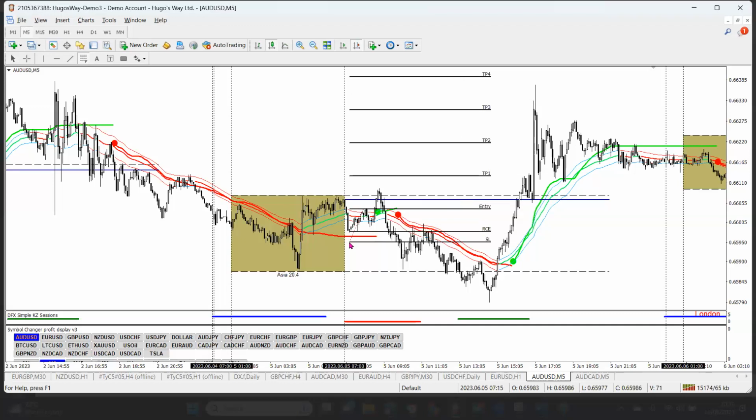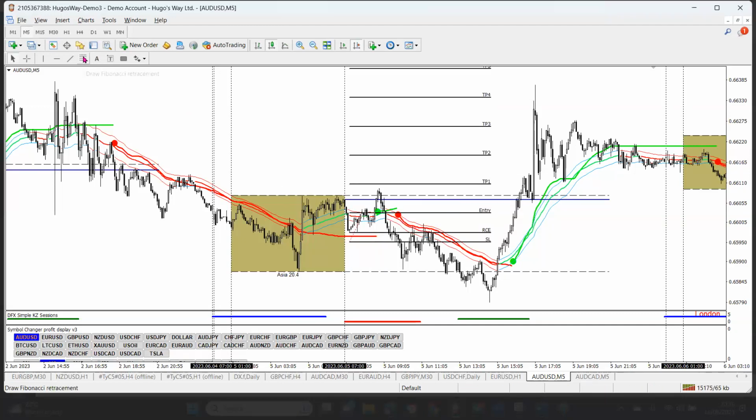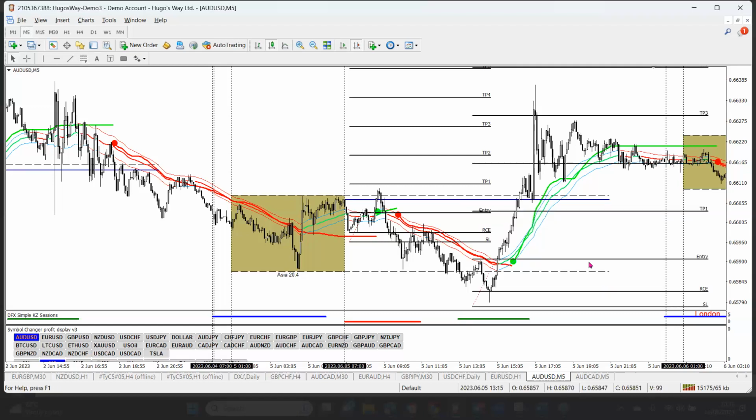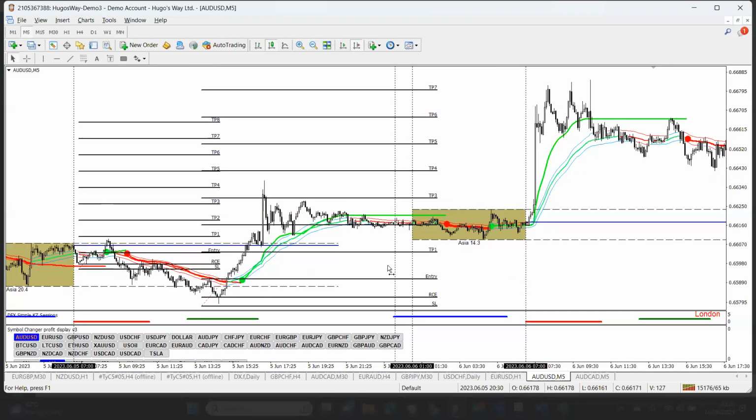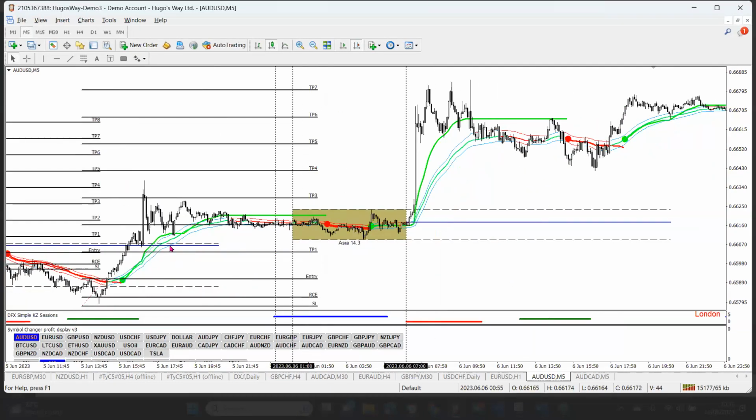Sorry about that. Then the next trade would have been here, and that would have gone our way, right? And if you held on to that trade, just like you did for AUD CAD, you would have gotten out at, let's say, TP6 after hitting TP7.